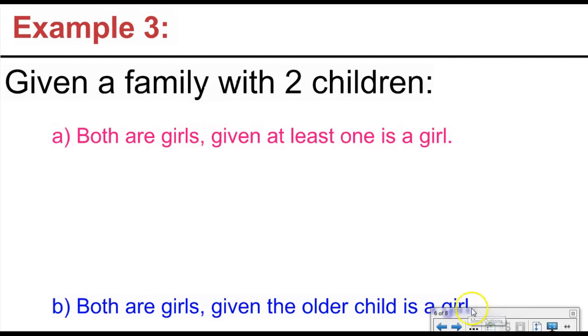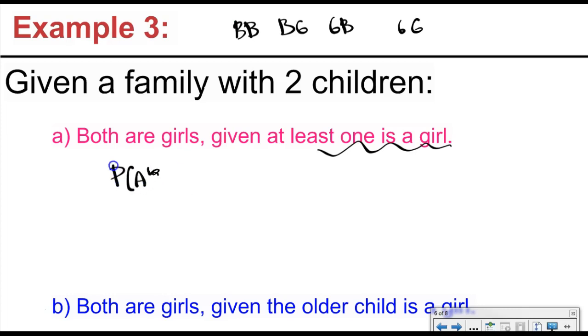Family with 2 children, both are girls, given at least one is a girl. So I'm told that I have 1 girl. My sample space was boy-boy, boy-girl, girl-boy, girl-girl. So probability of A and B, probability of A. There are 3 girl options over one that has both of them being girls.